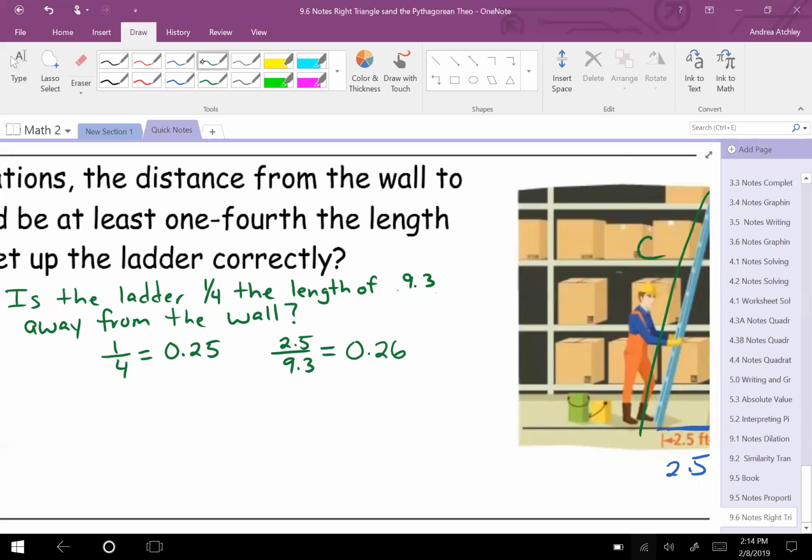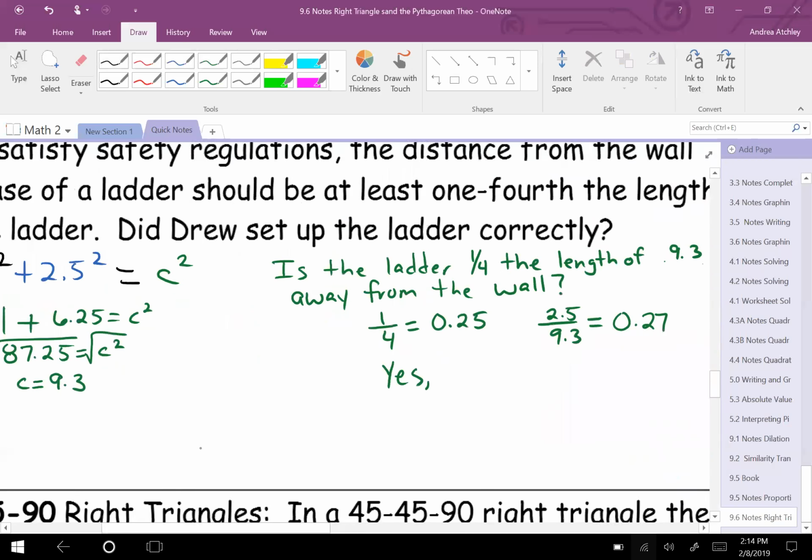Oh, 27? Yes, thank you. 0.27. So is this at least a quarter away? Yes, it's more, right? It's more than a quarter. It's 0.27, not 0.25. So yes, the ladder is set correctly. Did you set the ladder correctly? Yes.